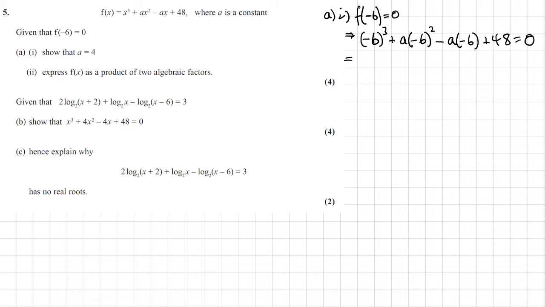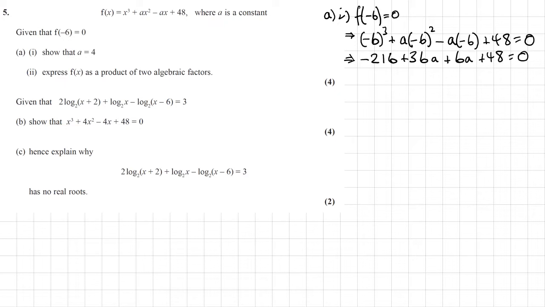So let's simplify this. Negative 6 cubed is minus 216. Then we will have plus 36a, and then plus 6a plus 48 is equal to 0.